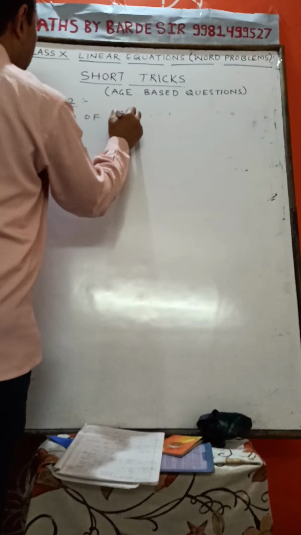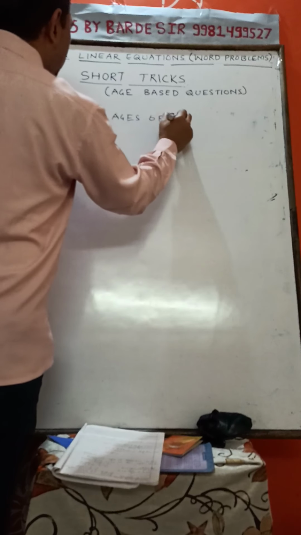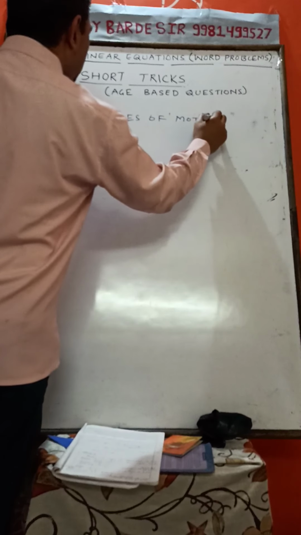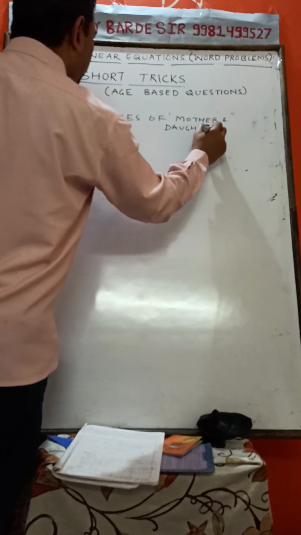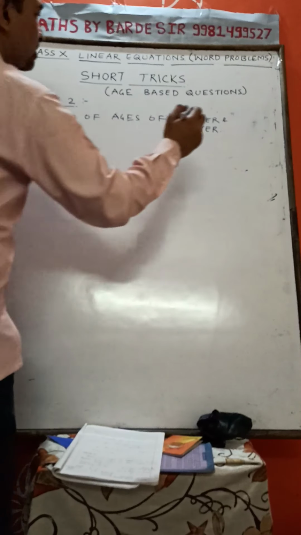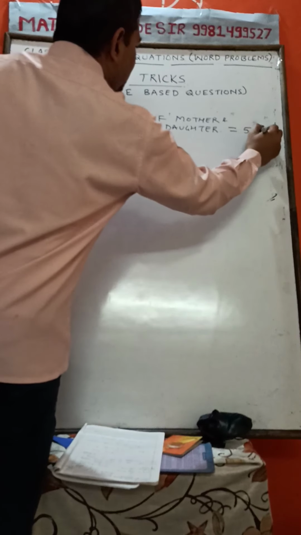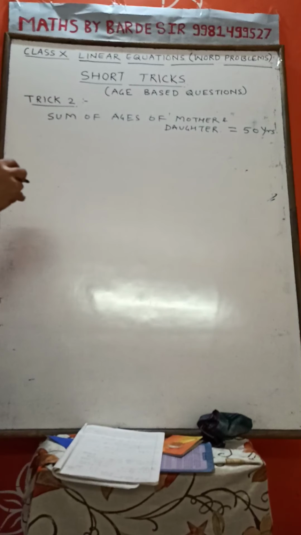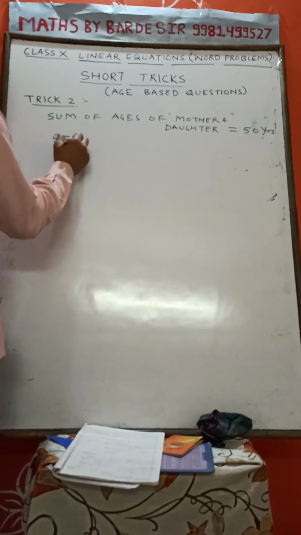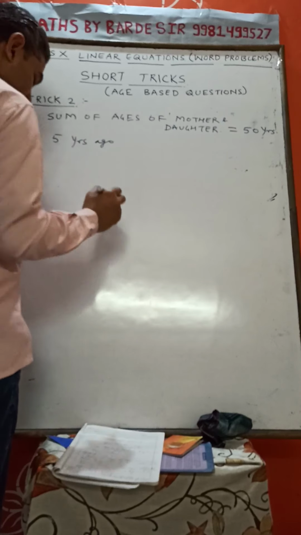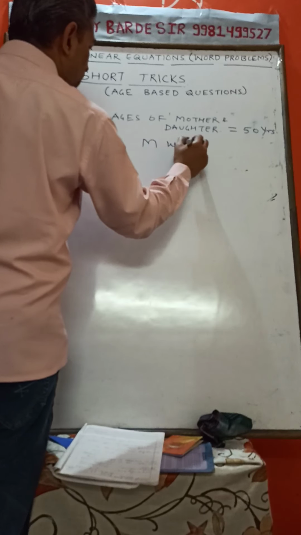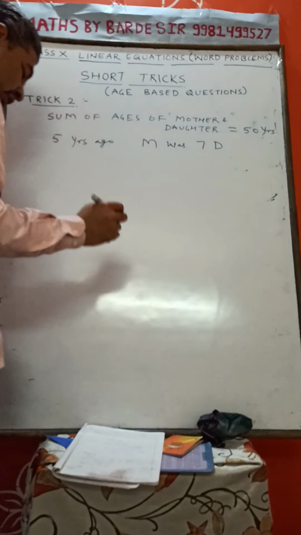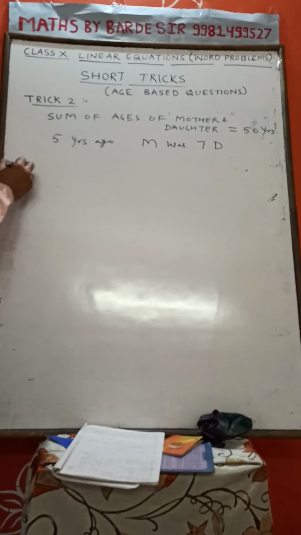Sum of ages of mother and daughter is 50 years. 5 years ago, mother was 7 times daughter.